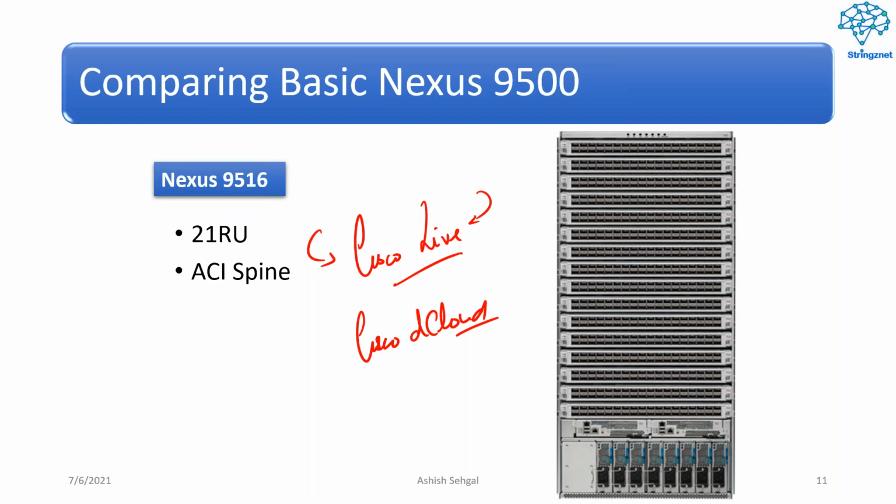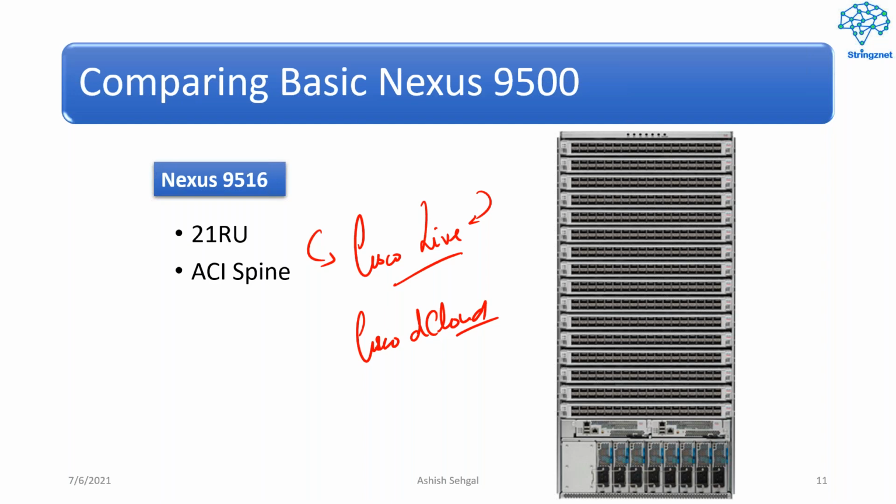Because the role of these spine switches is not only to connect with the leaf switches, their role is also to connect to the IPN network, that is called the inter-pod IP network, which we will be coming across.